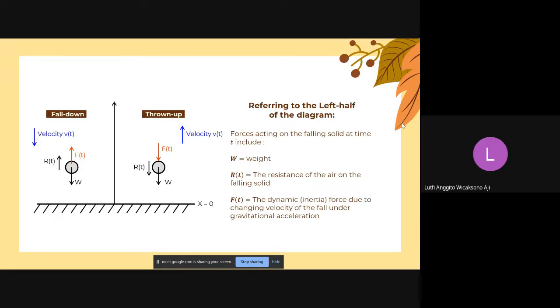We can see that Ft, the inertia, has a different direction from the velocity because of the properties of inertia of an object.